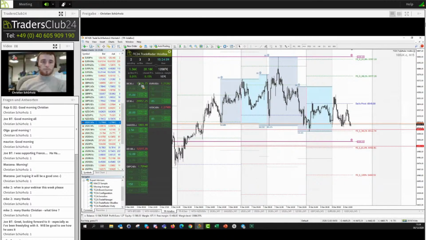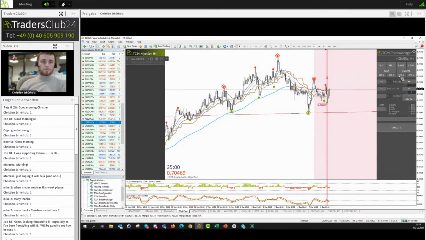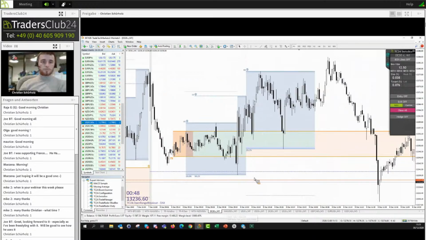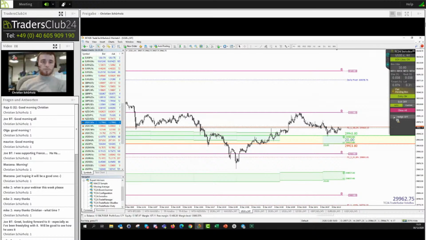So the Volabox is currently in profit in general, not so much, but we still have 5 minutes until the breakout. Hopefully we'll see a bit of price action here.